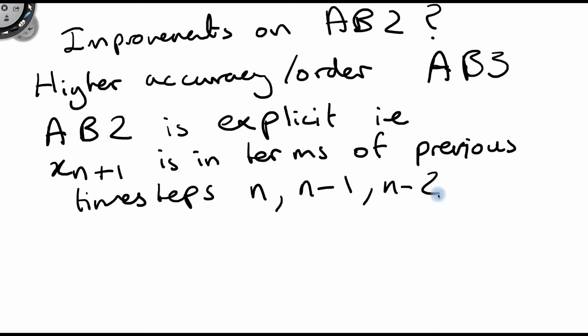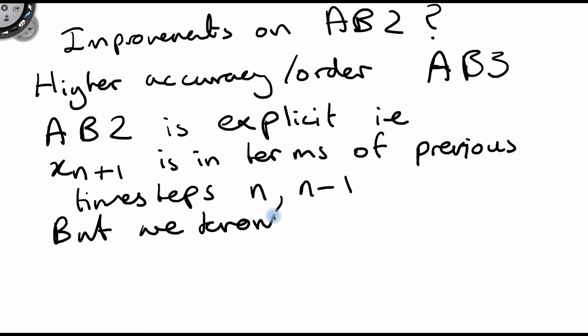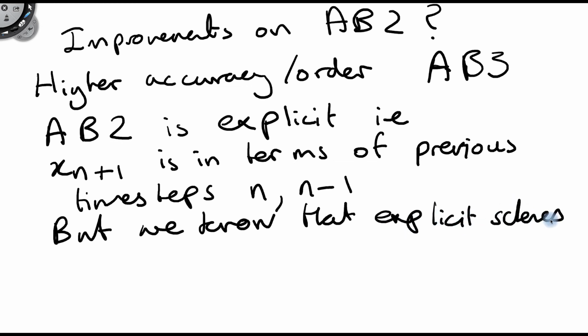Well, in case of AB2, let's just leave n minus 2 out for the minute. That's more AB3. But we know from comparing forward Euler with implicit that explicit schemes can be numerically unstable.